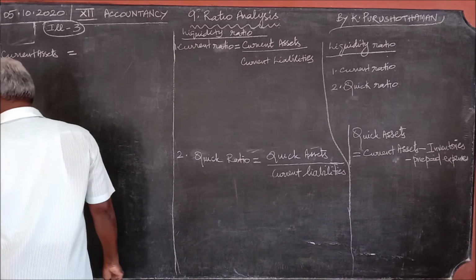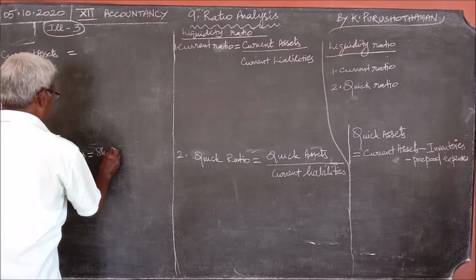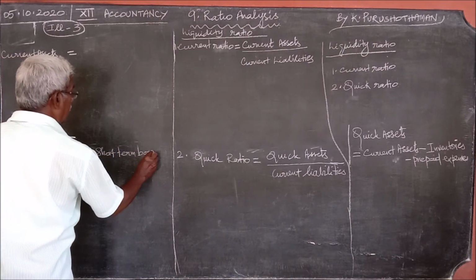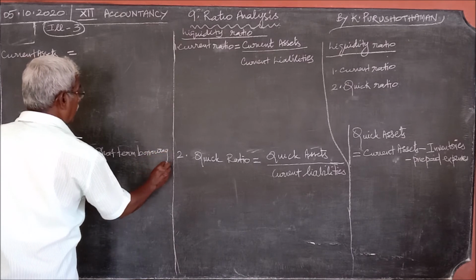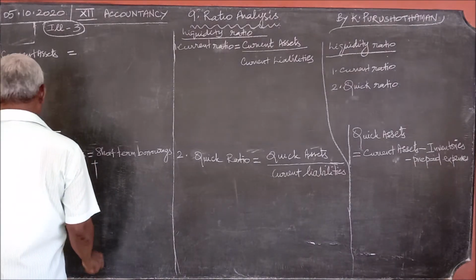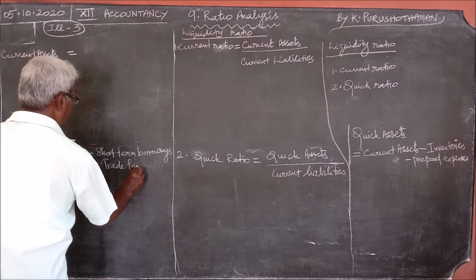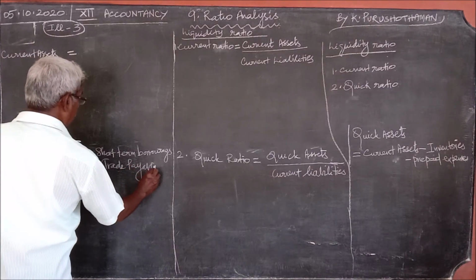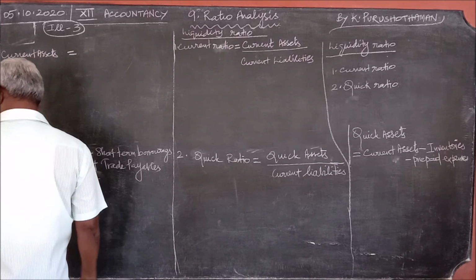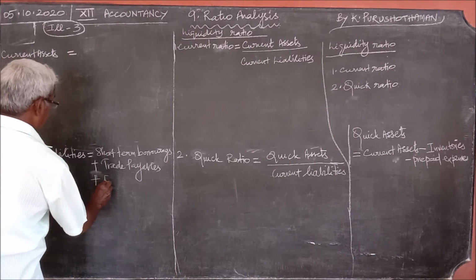Okay, now, current liabilities, it is given. Short-term borrowings plus trade payables plus other current liabilities, that is expenses payable.